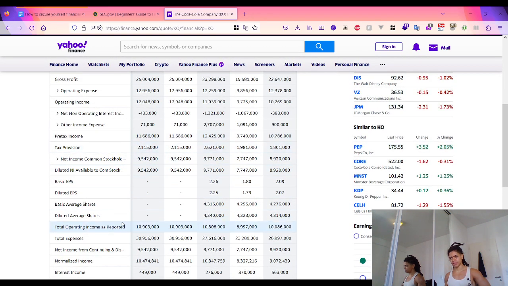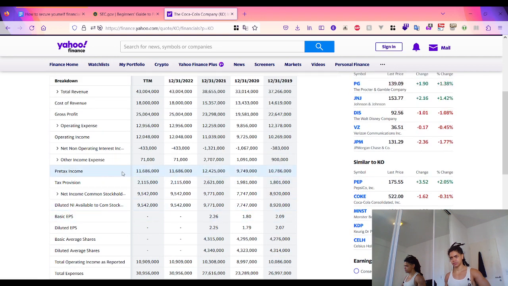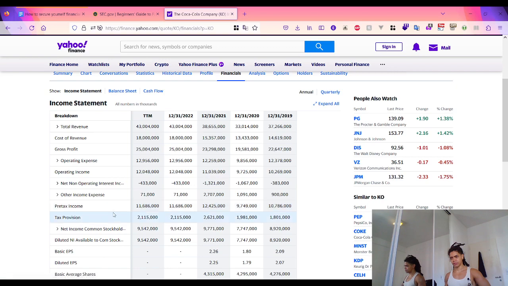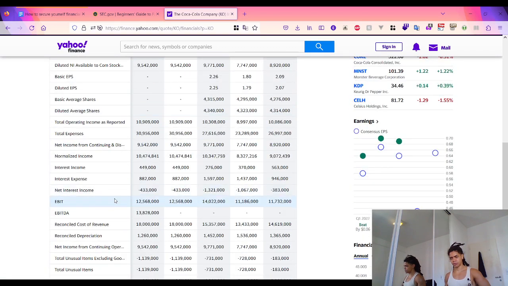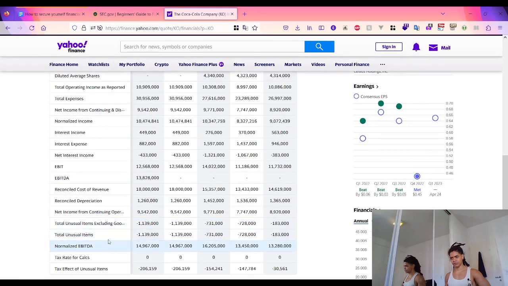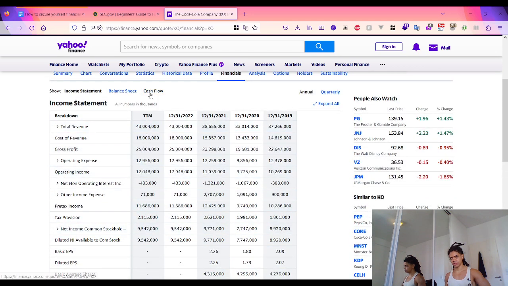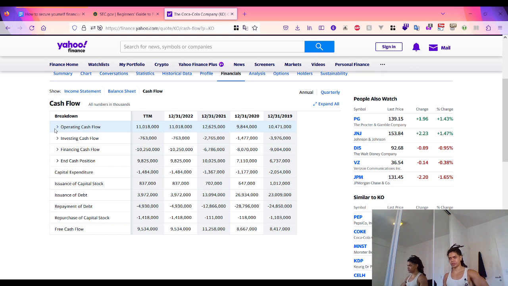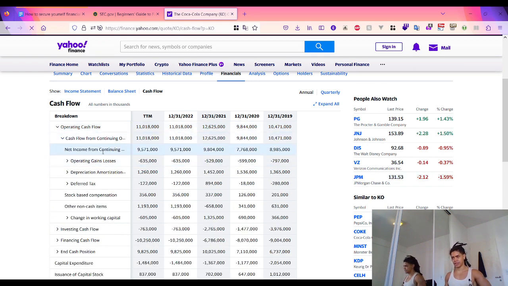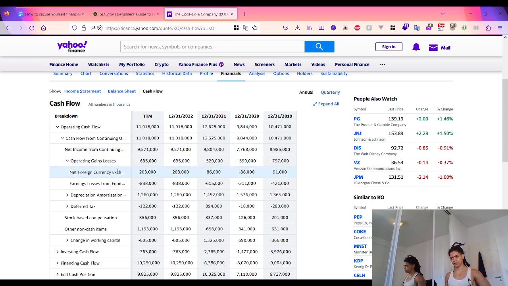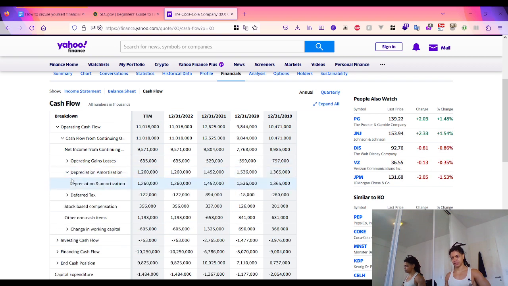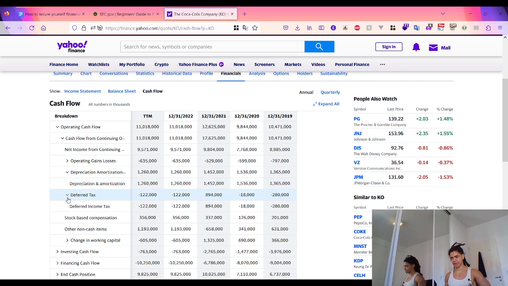And in the operating cash flow, here you have the net income from continuing operations, operating gains and losses, net foreign currency exchange, any losses from equity, depreciation and amortization, and deferred tax.